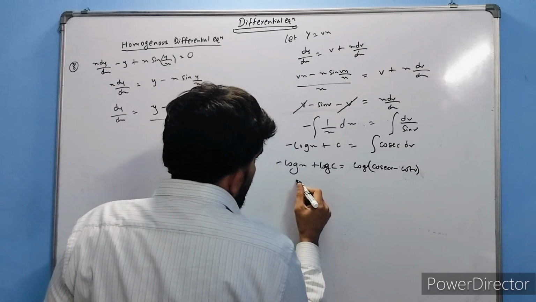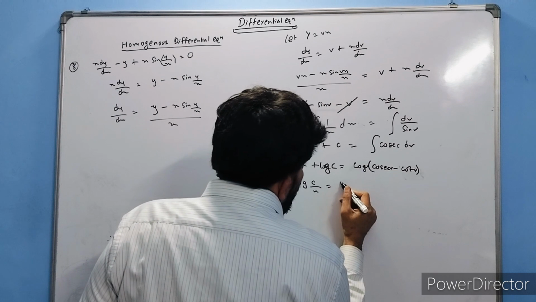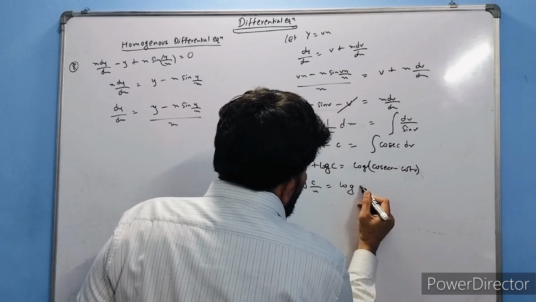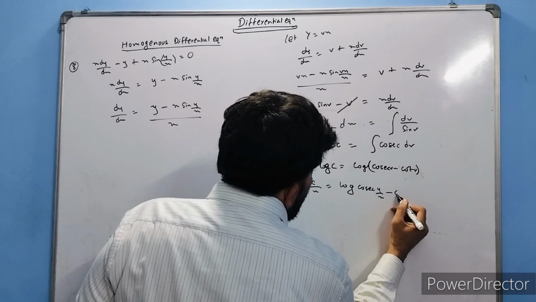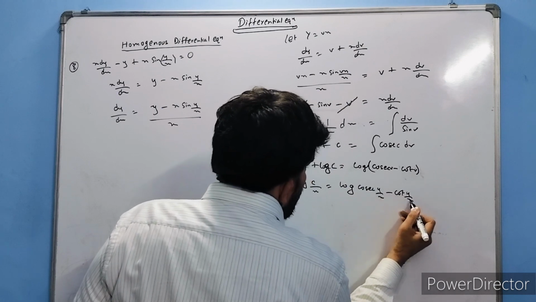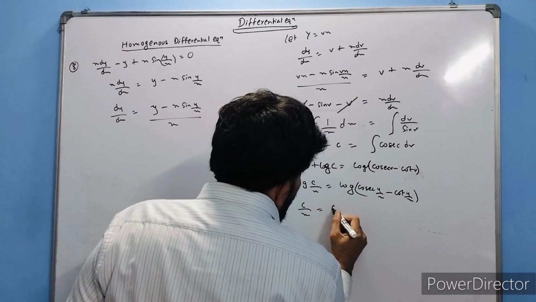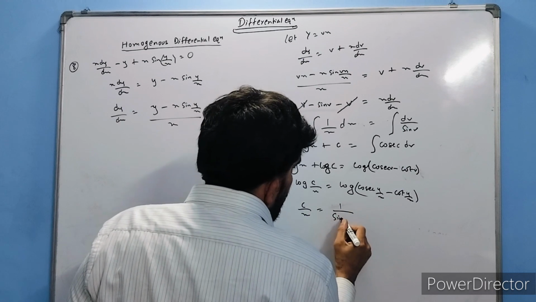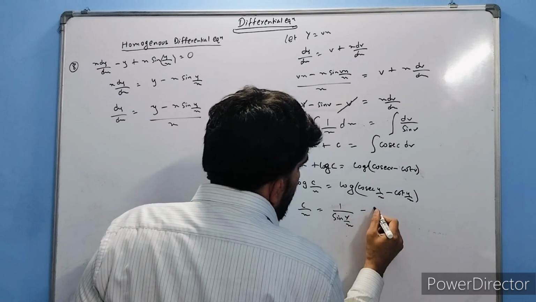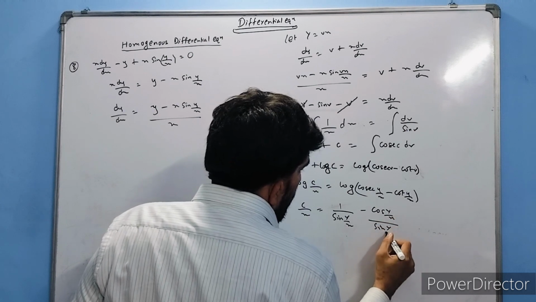Now I can say log(c/x) = log(cosec(y/x) - cot(y/x)). So c/x = 1/sin(y/x) - cos(y/x)/sin(y/x).